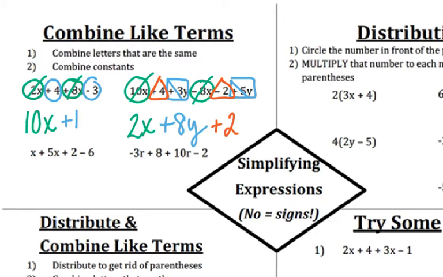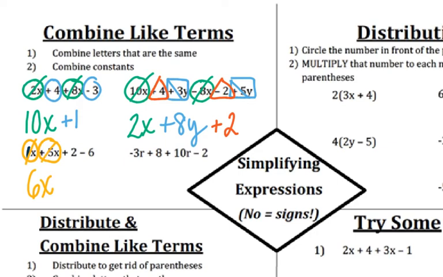Let's try the next one. So x is the same as 1x. If you ever have a letter without a number in front, you're going to put a 1 there. So in this one, we have 1x and 5x. 1x and 5x is how many x's? 1 plus 5 is 6 x's.